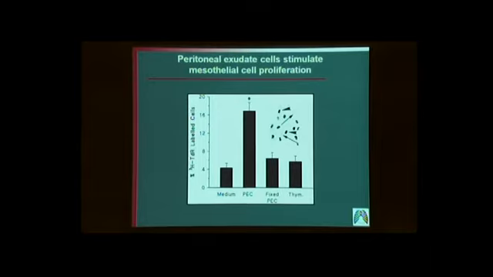Compared to control medium, fixed cells or control thymocytes, the peritoneal exudate cells, which are all different exudate cells, not just macrophages, neutrophils and lymphocytes, markedly stimulated proliferation of these cells. You can see the image we took with the positive stained cells. I won't show you the data, but we also showed that these cells are predominantly macrophages which stimulate the proliferation.